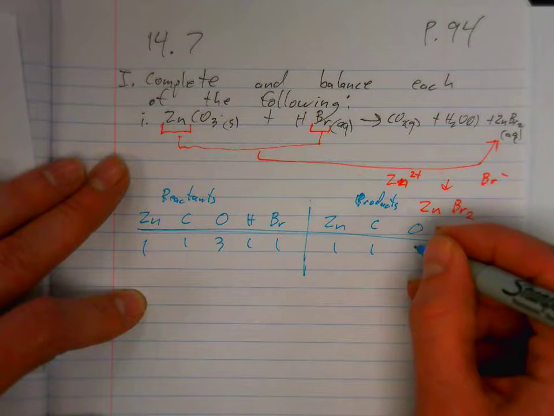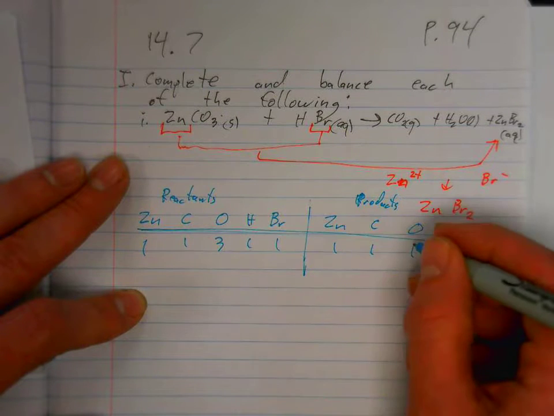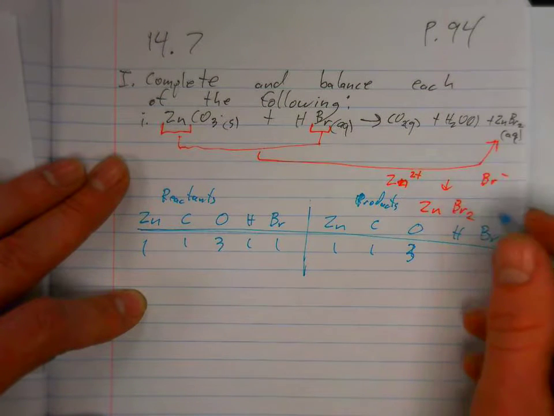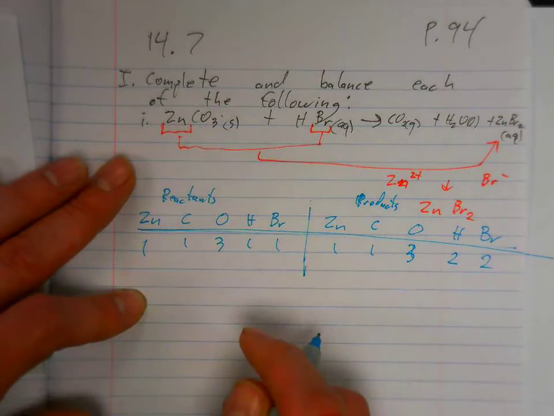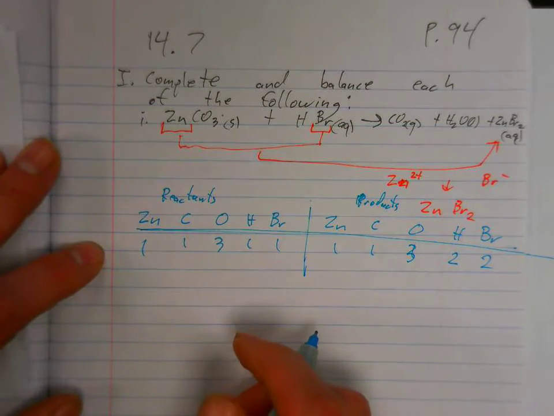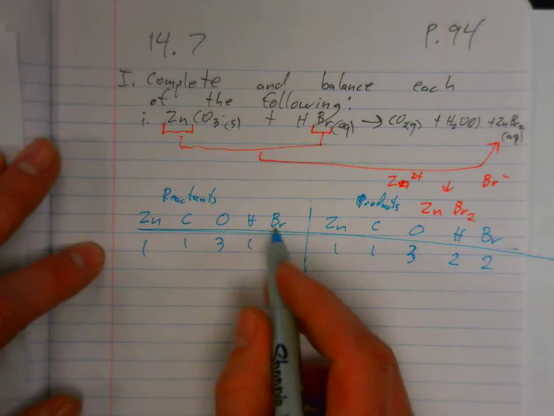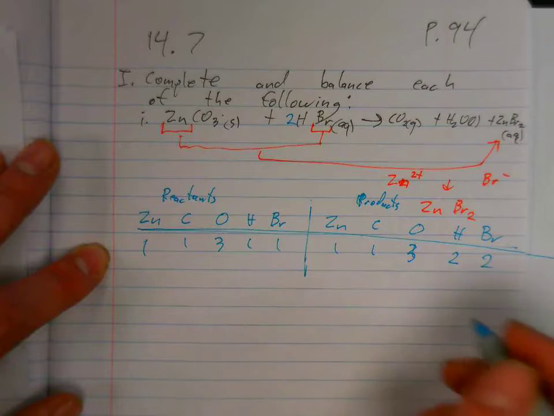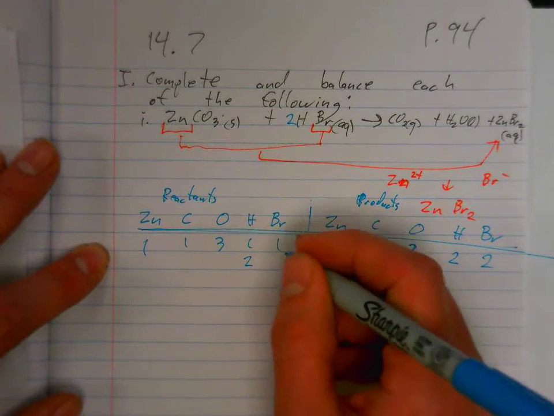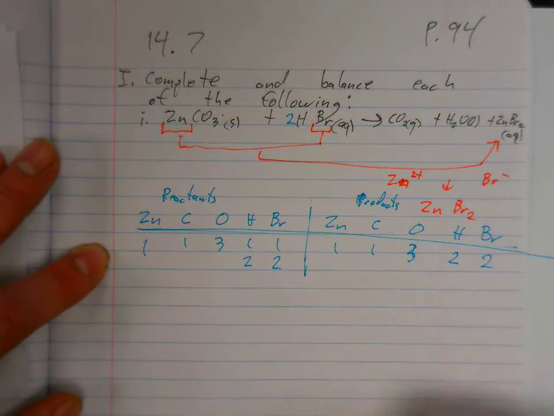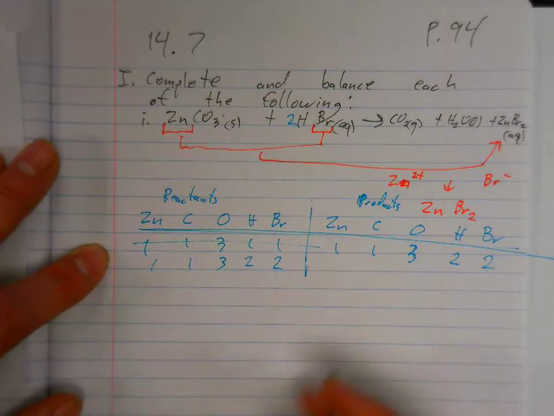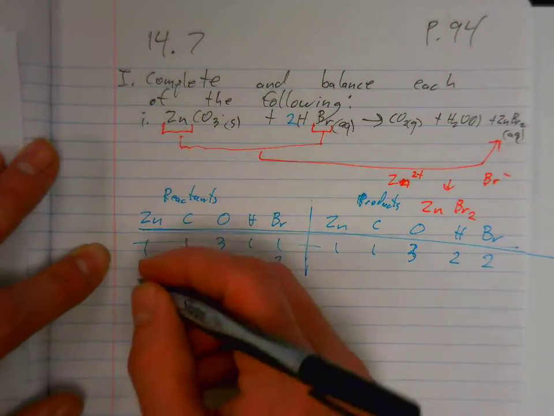Zinc is 1. Oxygen is plus 2 more there. And then we have hydrogen. So our issue here is with the hydrogen and the bromine. We just need to put a 2 in front of HBr, and that will give us 2 hydrogens and 2 bromines on the left, and that's balanced. Let's try the next example.